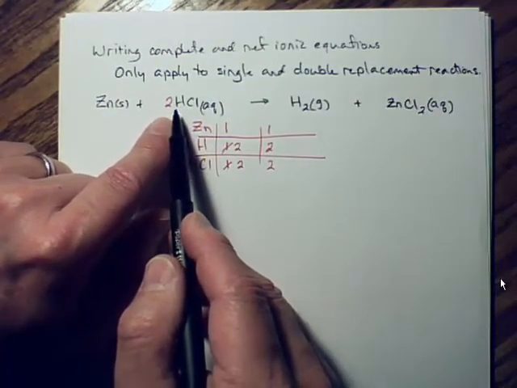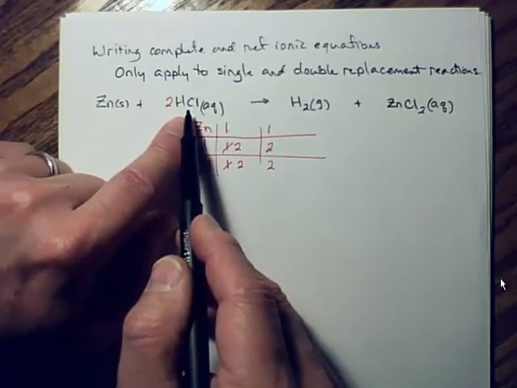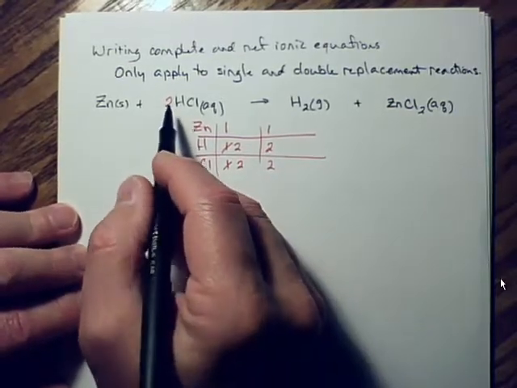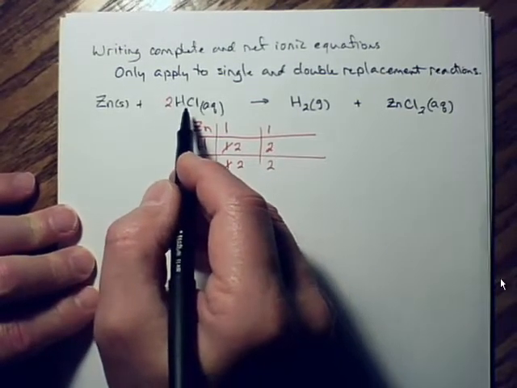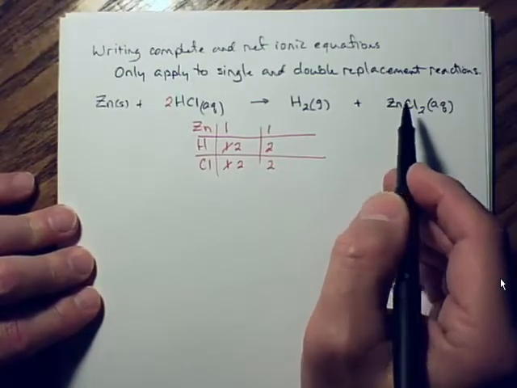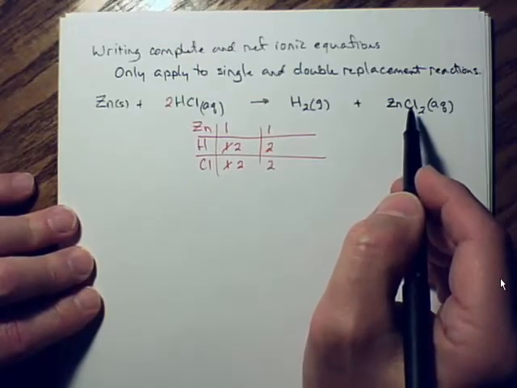And so we looked up the charge or oxidation number of the hydrogen. We looked up the charge on the chloride, and we found that this was a plus charge and this was a 1- charge. And that's how we got a 1-to-1 ratio here. And over here, we just talked about this a moment ago. The zinc had a 2+ charge, and the chlorine had a 1- charge.